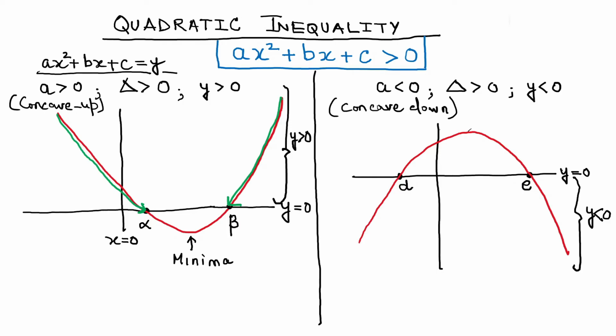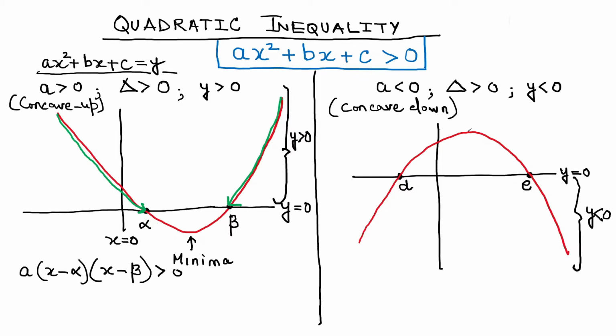So in a certain sense, this entire discussion gets converted into a times of x minus alpha into x minus beta is greater than 0. This is what it gets converted into.